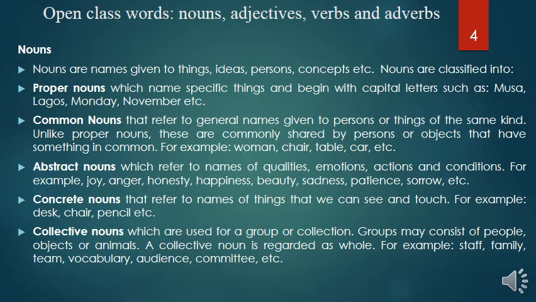That is, proper nouns are the specific or particular name of a person, place, animal, or things. When we say a particular name, it is a name specifically given to that particular person, place, animal, things, and so on.